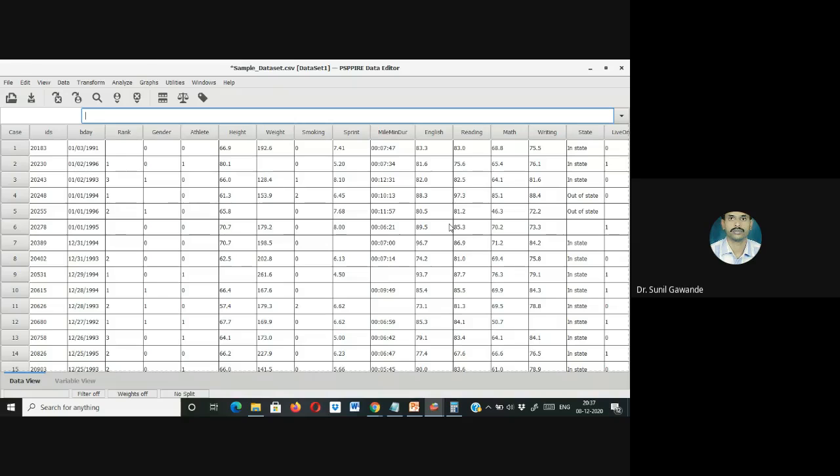So, sir, is a missing case technical or by default? Sir, missing cases could be, suppose you are entering the data and the respondent has not responded, or it could be that you have failed to enter it.